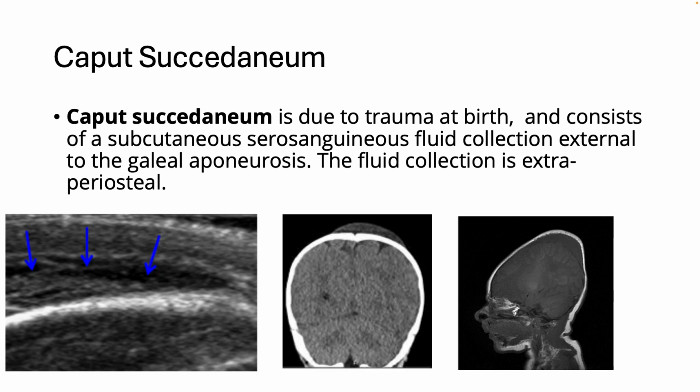Now I agree sometimes it will be difficult to make out, as in these two cases, and not in the head ultrasound but in the CT and MR, to differentiate between the galea aponeurotica and the periosteum. But well, some of the ABR questions are also dicey, but most likely they will give you an image where you can make out whether it's the caput succedaneum or the cephalhematoma.